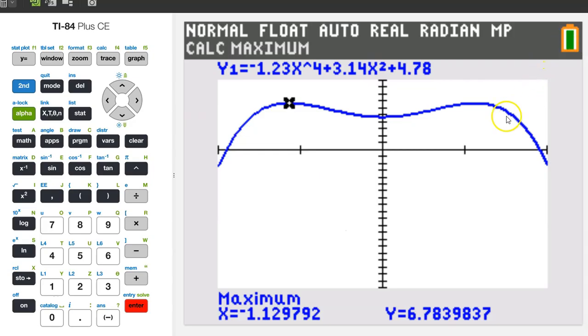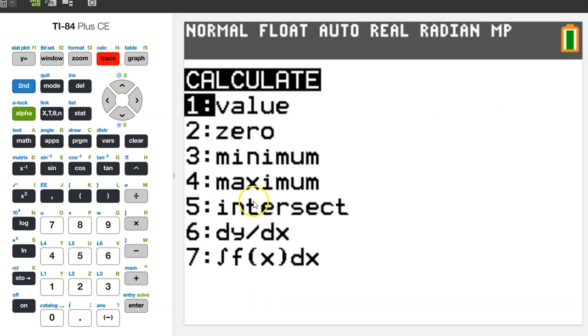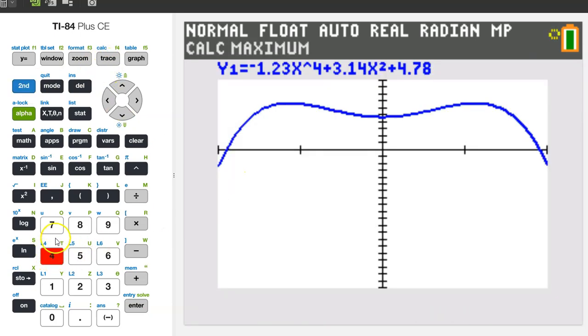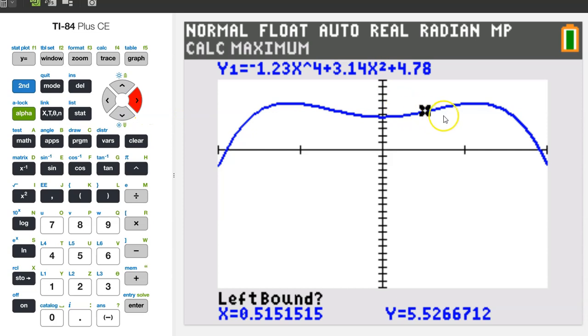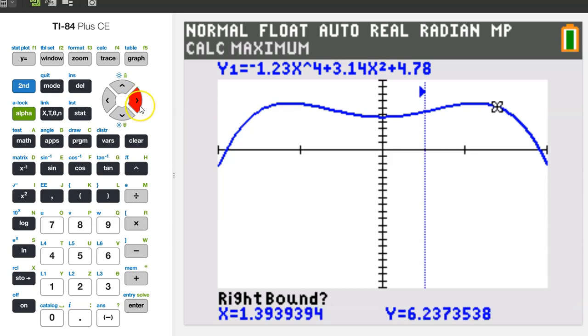So back to the calculator, let's just run it again. Second trace 4 for max, but this time I'm going to slide over to the right hill. Okay, this is good enough for a left bound, so I'm going to hit enter on that. Now I feel like I'm clearly past.